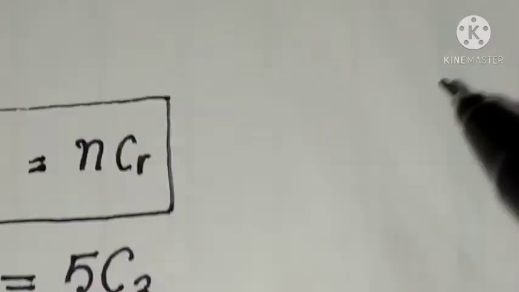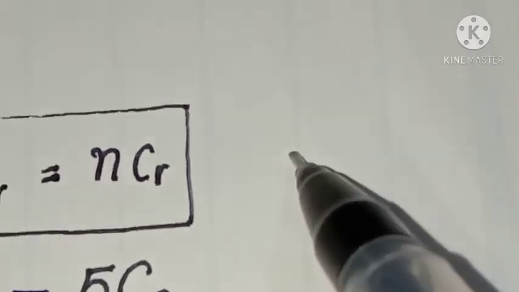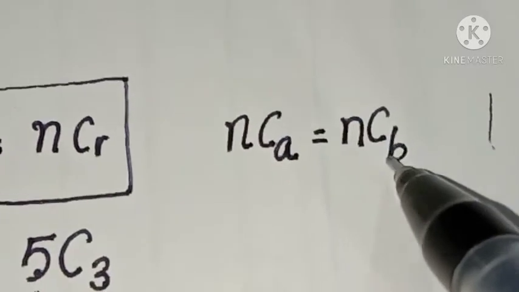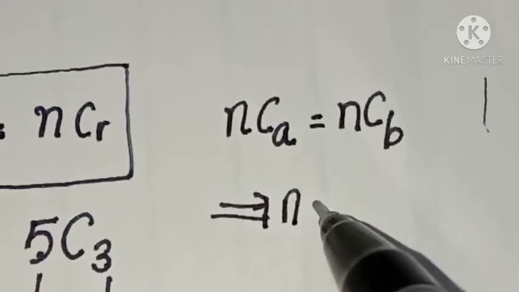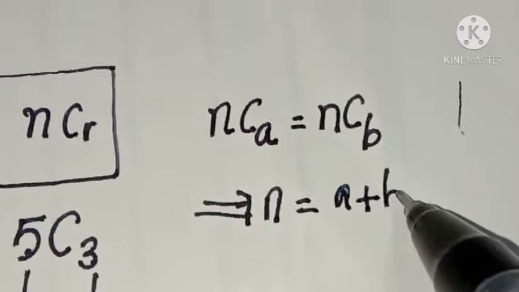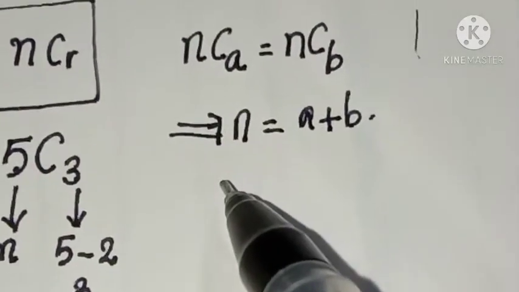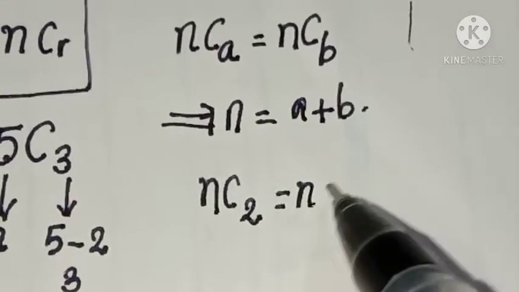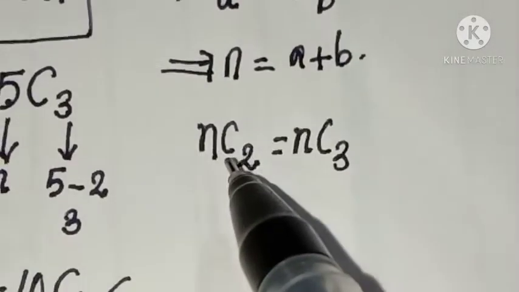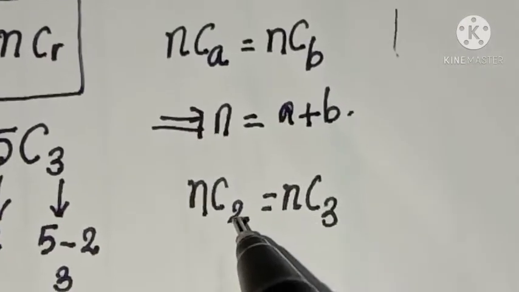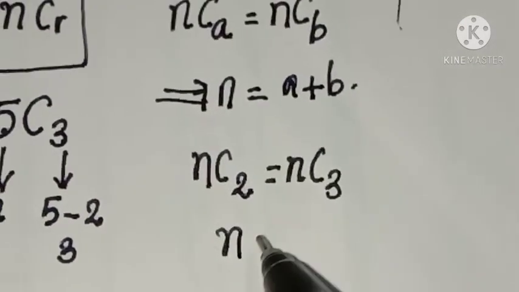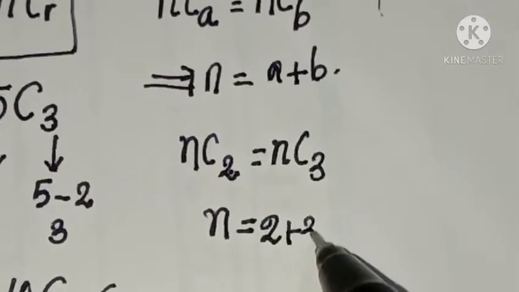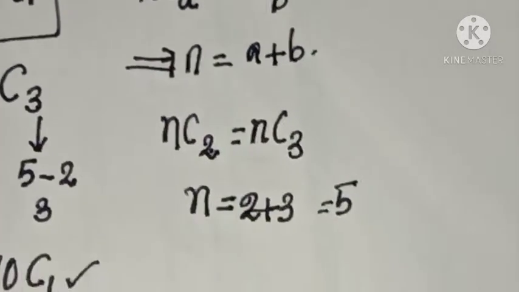Now, another result: if nCa is equal to nCb, then n is equal to a plus b. For example, suppose nC2 is equal to nC3. Then the value of n is the sum of these suffixes, 2 plus 3, so n is equal to 5.